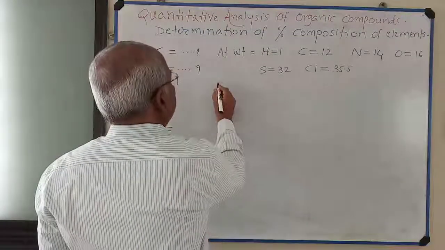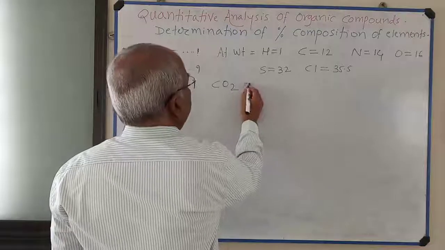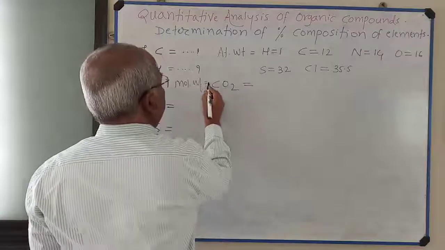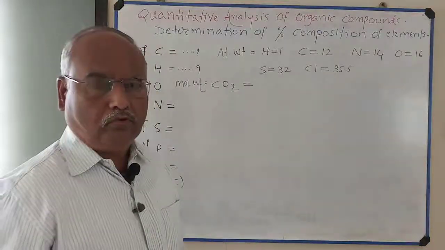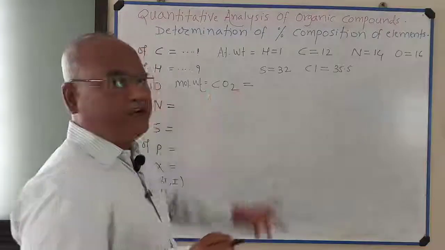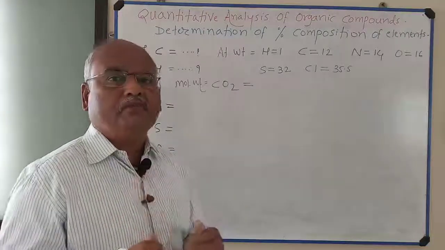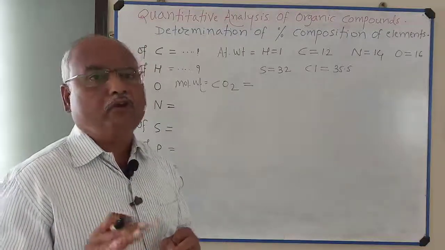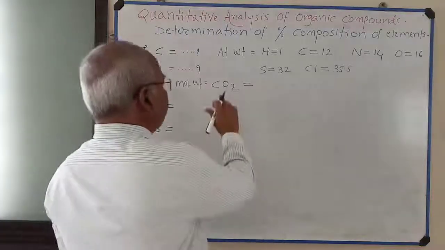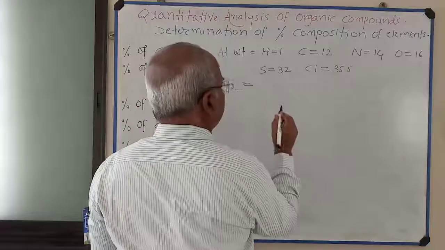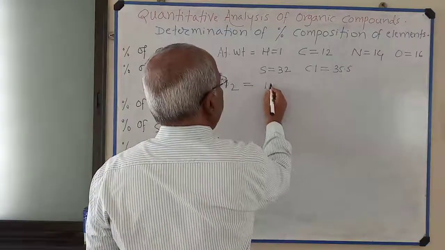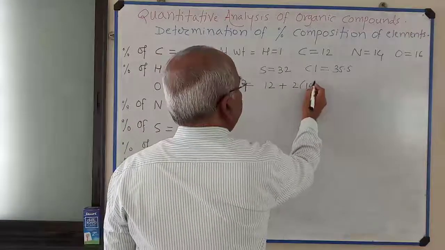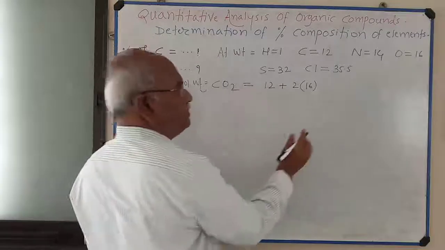So I write here CO2. Calculate molecular weight of CO2 or molar mass of CO2. Sum of atomic weights of all the atoms present in the molecule is called molecular weight or molar mass. Molecular weight of carbon dioxide is equal to atomic weight of carbon plus 2 into atomic weight of oxygen. 2 atoms are present.